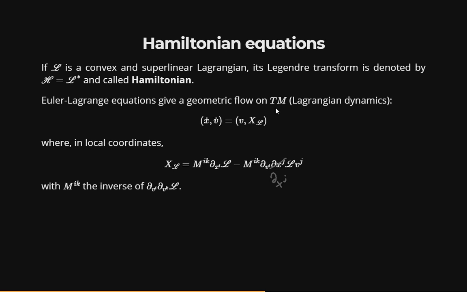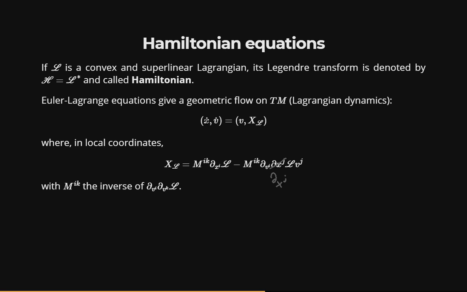So the Euler-Lagrange equations give you a flow on the tangent space, which is called Lagrangian dynamics. This is just a complicated way to think about it, because in the end it is a trick to write a first-order equation instead of a second-order equation.